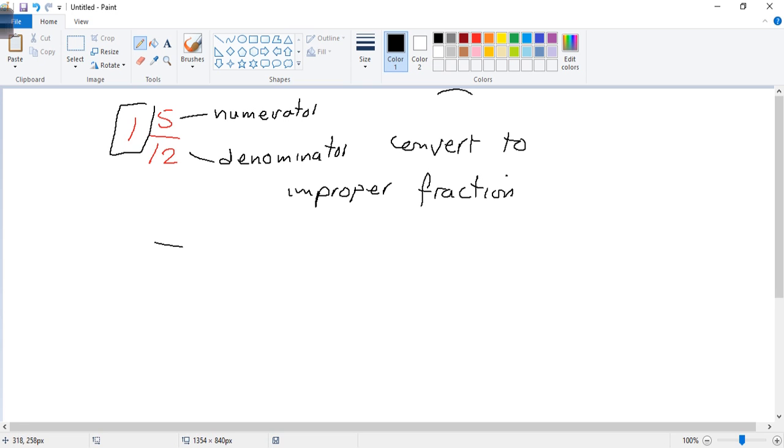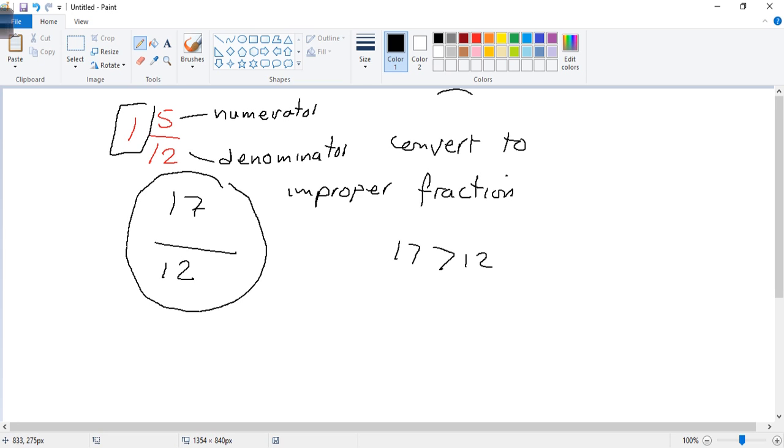In an improper fraction, the numerator has to be bigger than the denominator. What does it mean? 12 times 1 is 12, add 5 is 17 over 12. 17 over 12, we call this an improper fraction. That means 17 is bigger than 12.